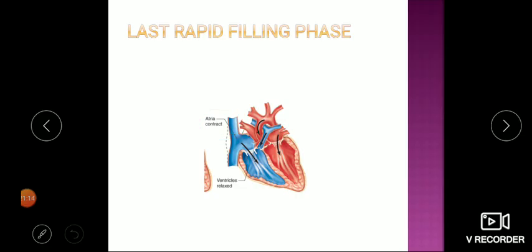So there are four heart sounds: S1, S2, S3, S4. Under normal conditions, with our stethoscope, first and second heart sounds are audible, third and fourth are not audible in a normal individual. Sometimes abnormally they are present. But if they are consistently present, they indicate some abnormalities which we'll discuss in subsequent lectures.